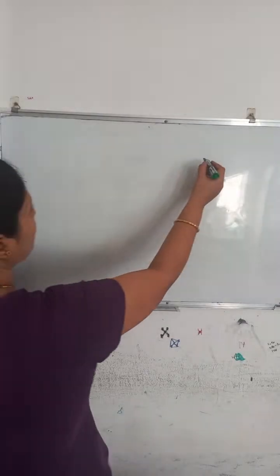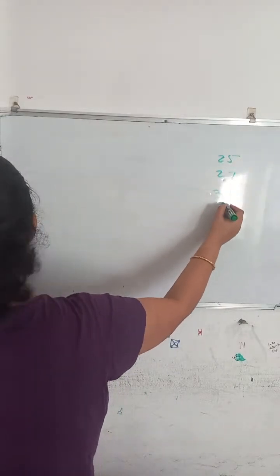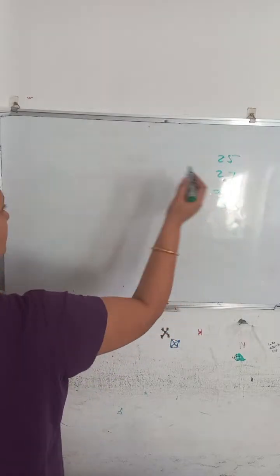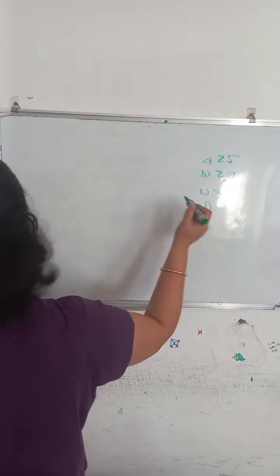The options for x are: 25, second option 27, third option 31, and last option 33. This is option A, B, C and D.